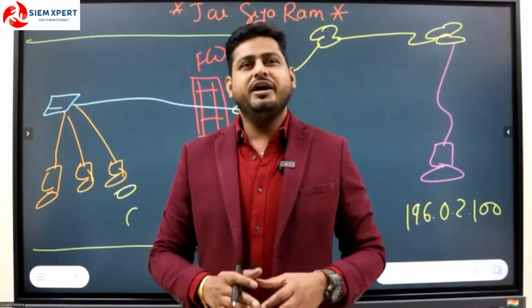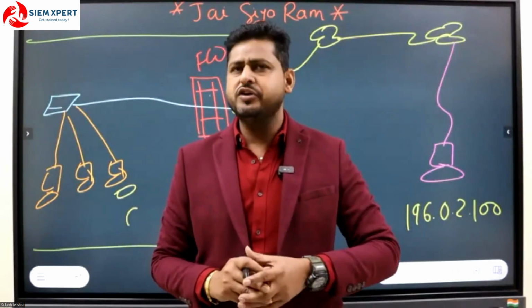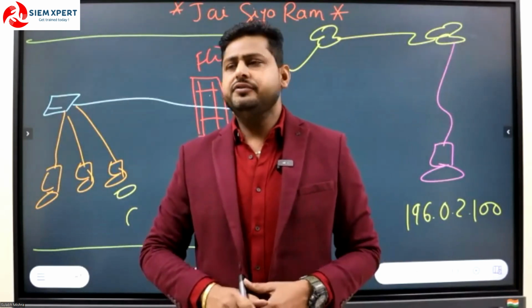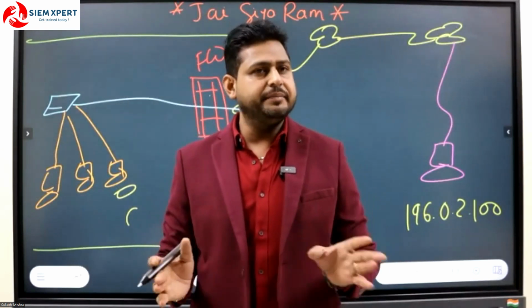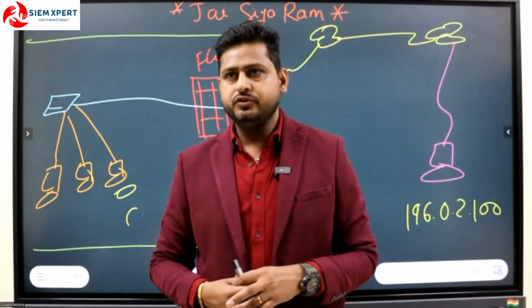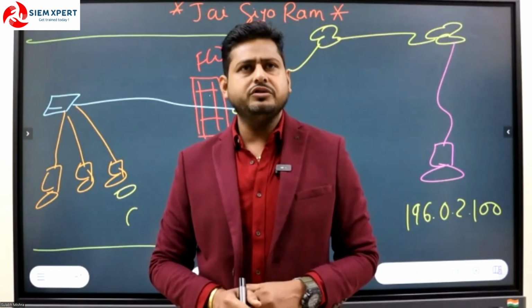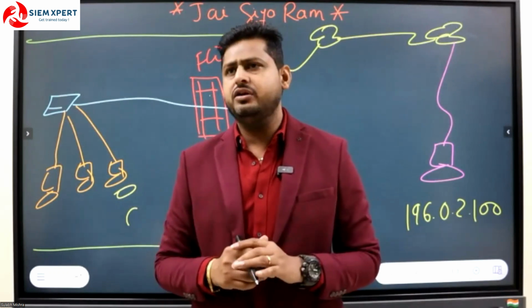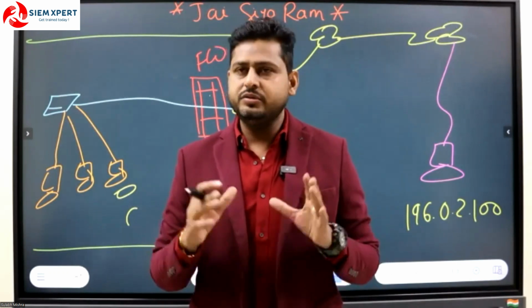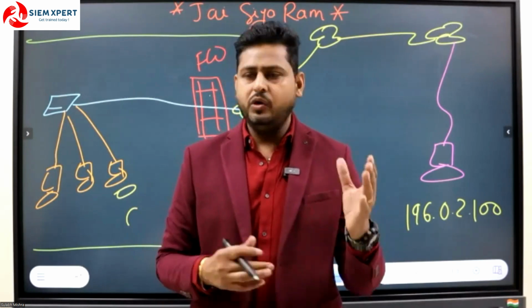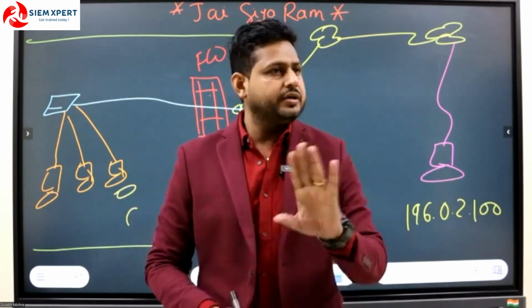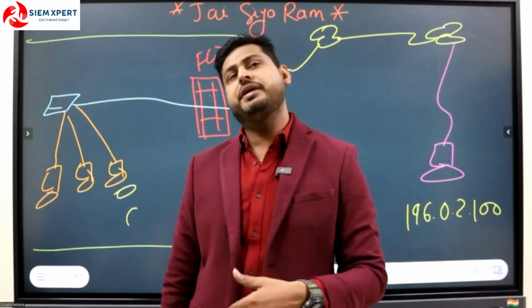So the government creates the policies. Why does the government create the policies? Because if any compromise happens, data theft happens, data leakage happens, yes or no? It's not a loss of only the company, it's a loss of the country. It's a loss of the government, isn't it? It's a loss of the public, not just the company. Okay, data loss happens, the company has a financial loss.